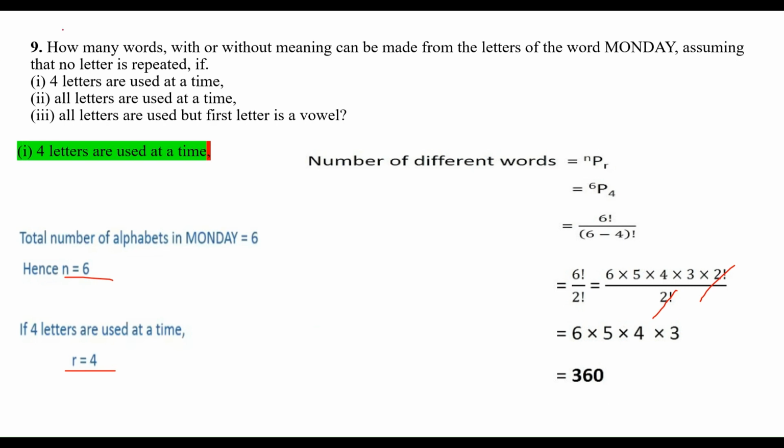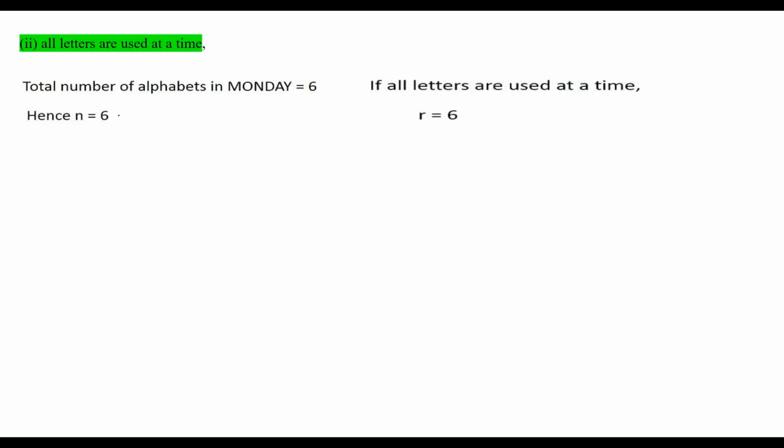So let's see the second one. Second, all letters are used at a time. All letters are used, that is 6. n is 6. There are 6 letters in the word MONDAY, right? So n is 6 and r is also 6 because they are telling all the letters are used at a time. So nPr is what? 6P6.